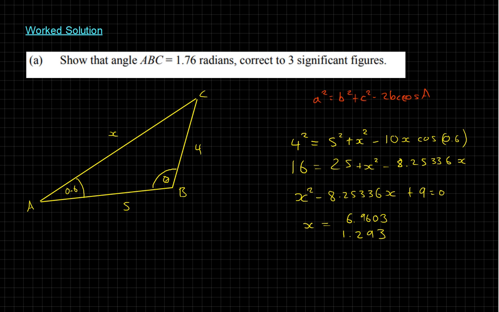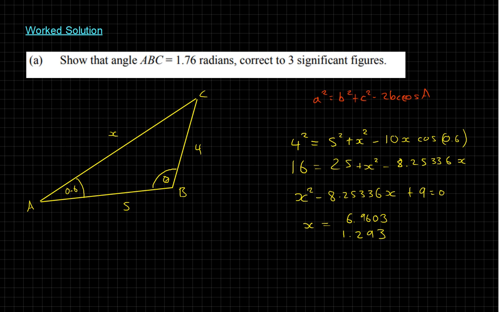Hopefully logic would dictate that, well, this 1.2, that's far too small, right? This is side length 5, this is side length 4, and then given this angle of 0.6 radians, remember, if you want to give that some meaning, multiply by 180, divide by pi, that's about 34, 35 degrees.